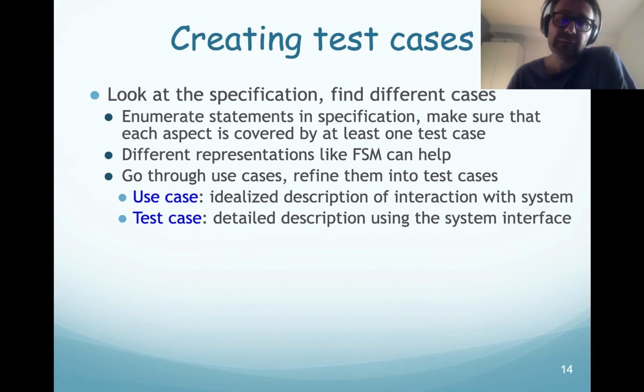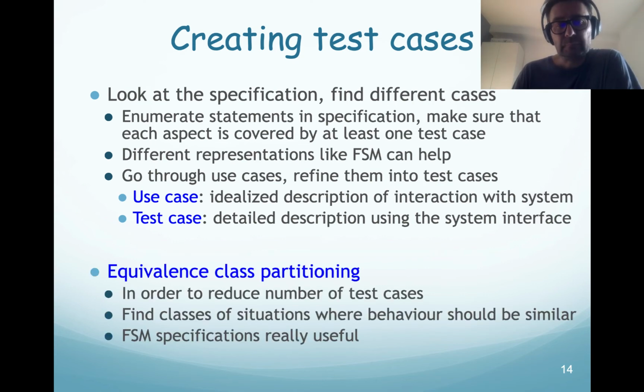So for parts of the specification, you can have a more formal model, like a finite state machine. You can go through use cases and translate them into test cases. Use cases are often an abstract description of what should happen. And then by filling in specific inputs, you can create multiple test cases from one use case.